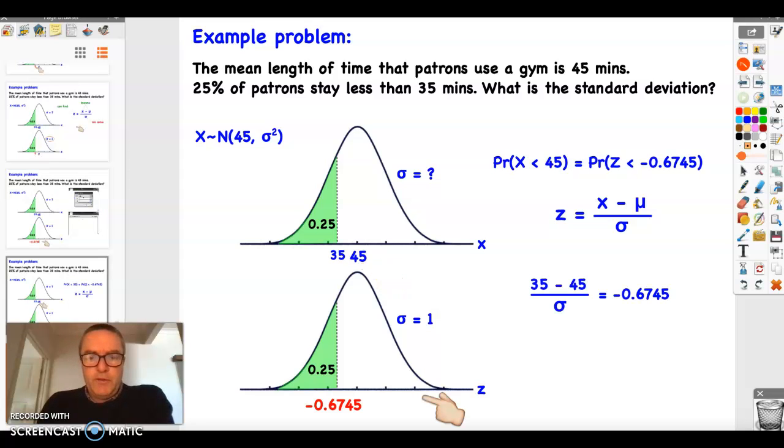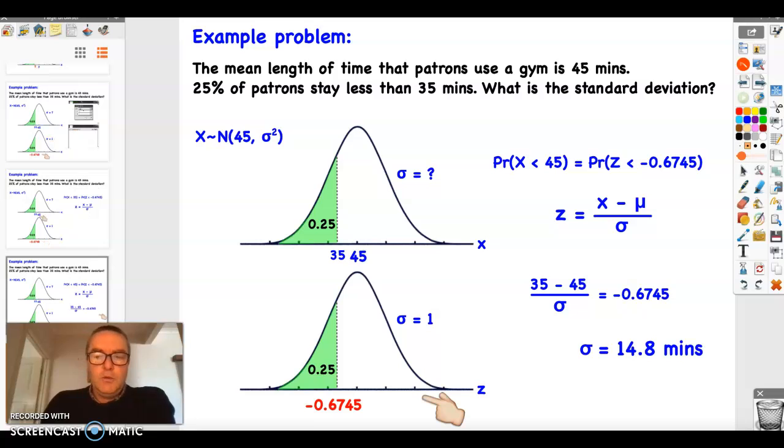So now we can put everything into that formula. We've got our value for Z, which is negative 0.6745. We've got our value of X and our value for the mean of that distribution. We can now solve the standard deviation of this distribution, which turns out to be approximately 14.8 minutes.